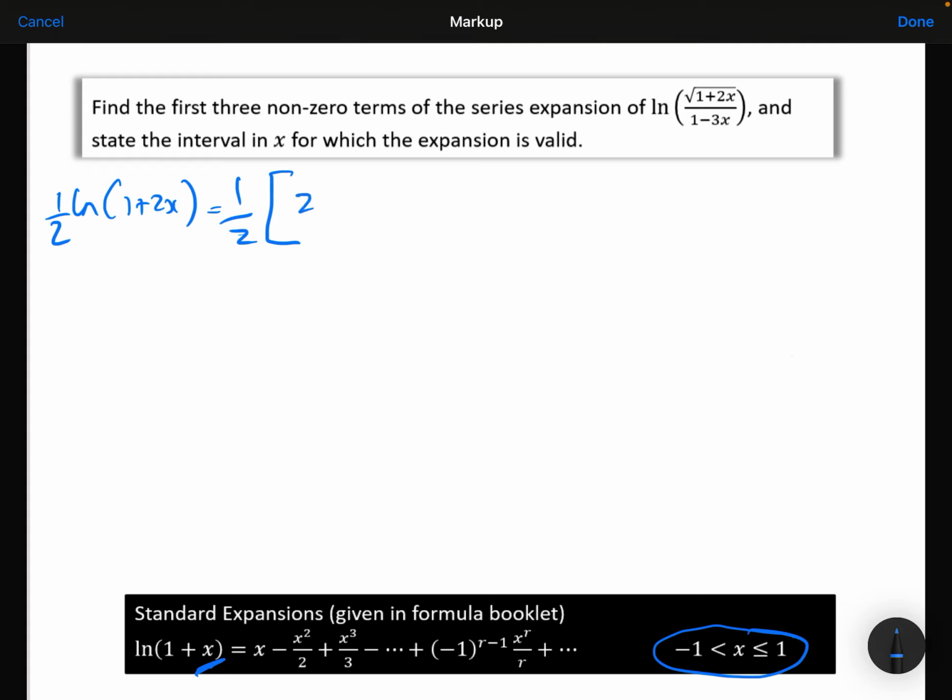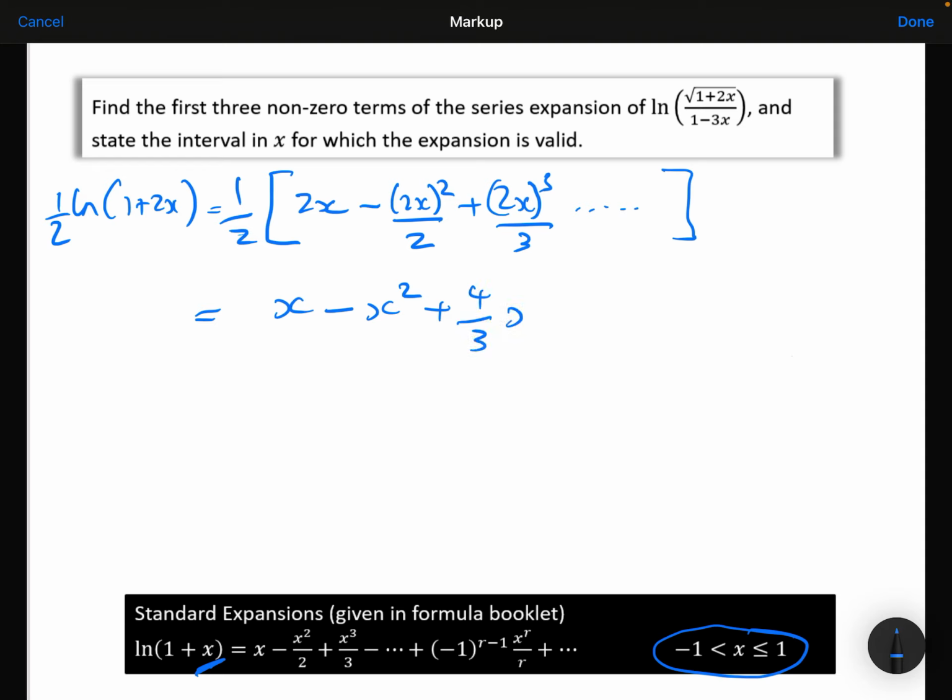So I would have 2x minus 2x all squared over 2 plus 2x cubed all over 3, and so on. I'm just doing the first three non-zero terms, which when I simplify that is going to give me x minus x squared plus 4 over 3x cubed.